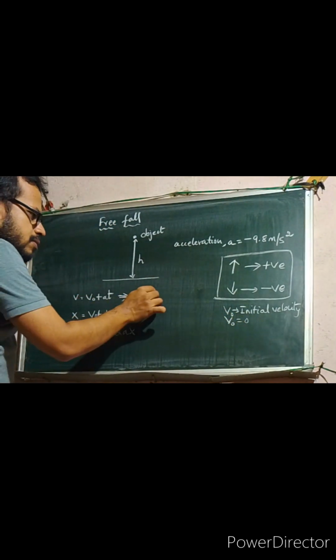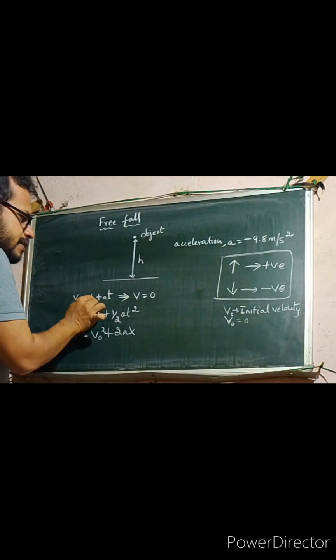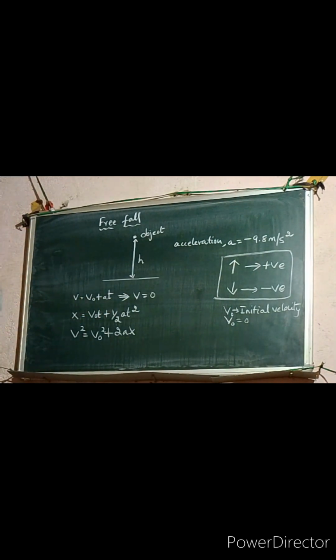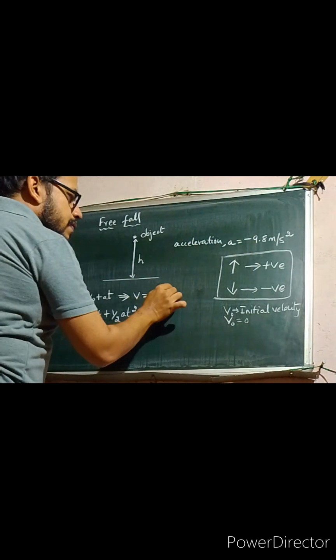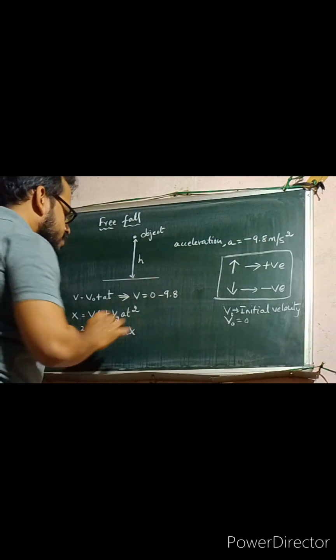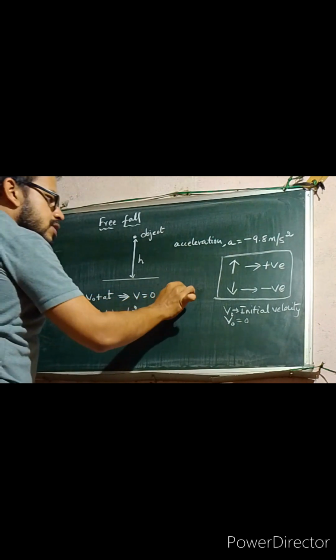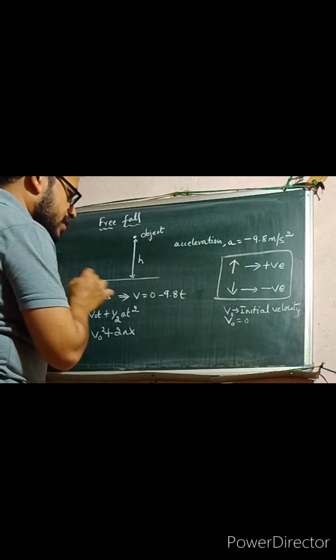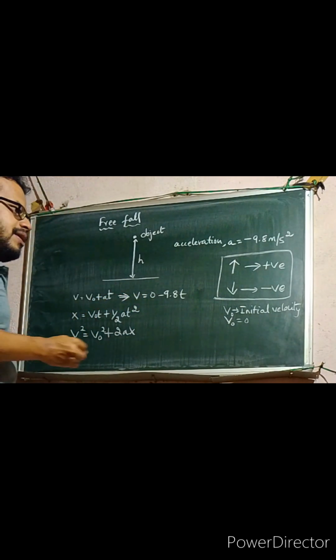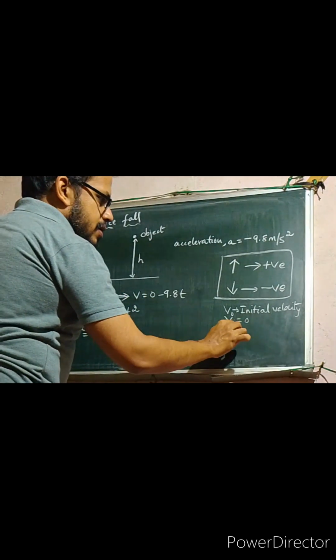So the first term on the right hand side becomes 0, and a, as you know, is minus 9.8 meter per second square, into t. V is the final velocity.